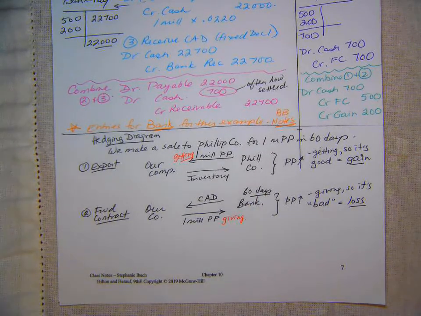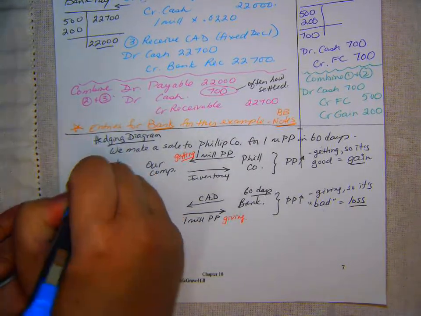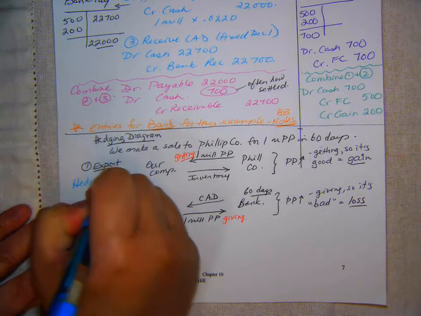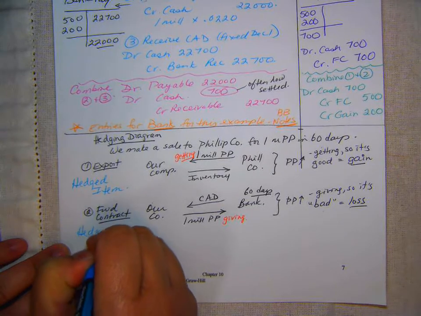So it wouldn't necessarily come out exactly even. But we're not concerned about it. It's the idea. So the X becomes the hedged item, and the forward contract becomes the hedging instrument. So that's how you do a hedge.